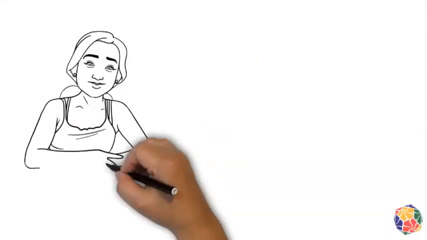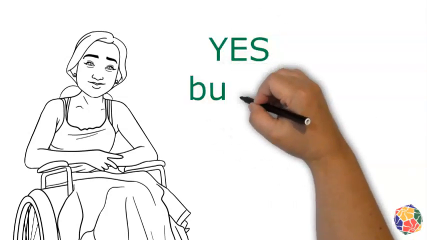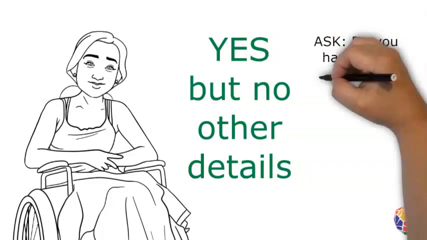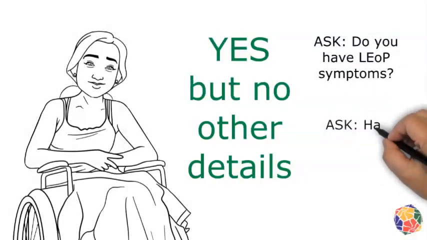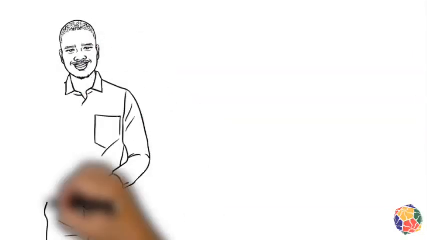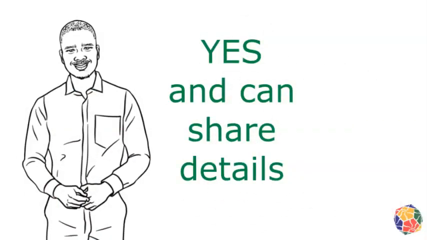Now, some people who say yes will know of no other details and will have no recall of that polio experience. These people should be asked about their health and if they have noticed any of the 6 post-polio symptoms emerging and of any changes in their body's usual ability to function. Some other people who say yes will know quite a bit about their polio experience and share those details with clinicians.